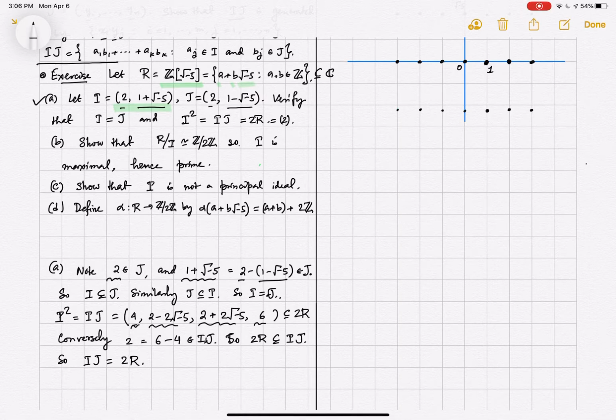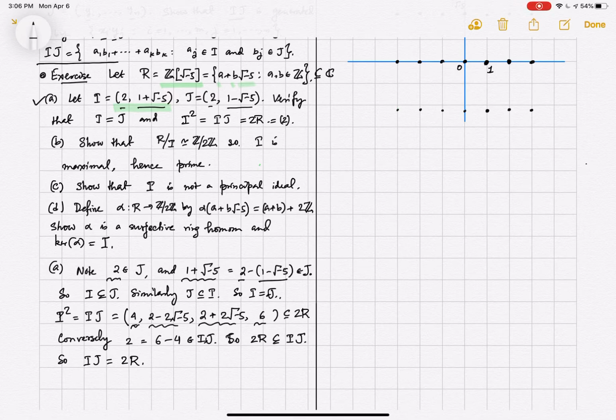Show that alpha is a surjective ring homomorphism, and that its kernel is equal to, you guessed it, I.